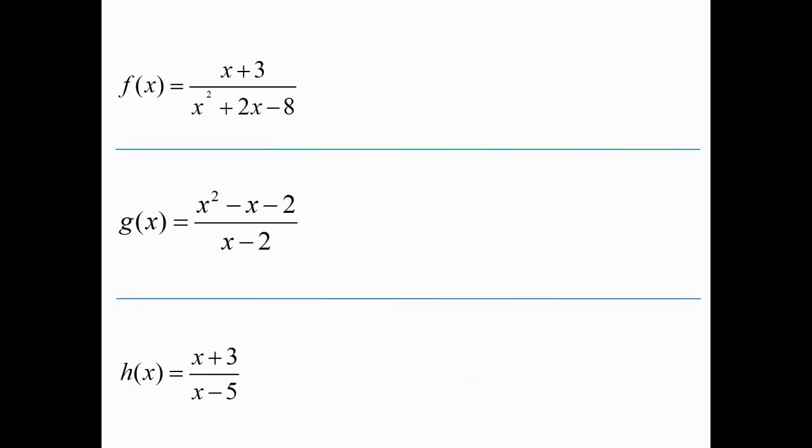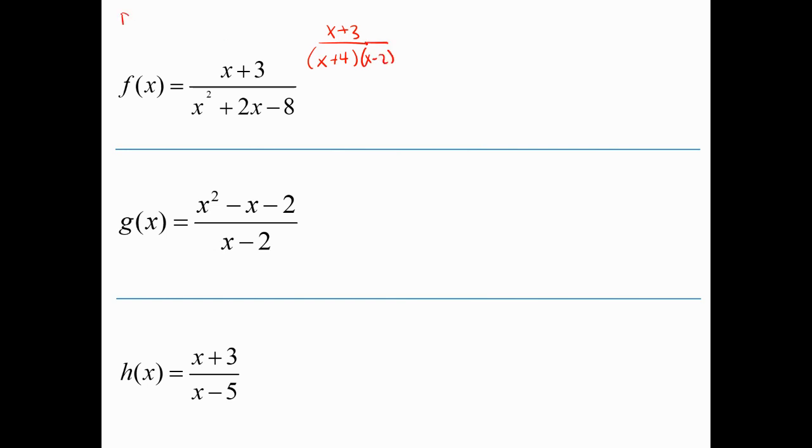If we take a look at these three, I'm going to start it with you, and then you might want to pause the video and give it a shot. These are the three that we started with on the warm-up. So you've got x plus 3 over x plus 4, x minus 2.